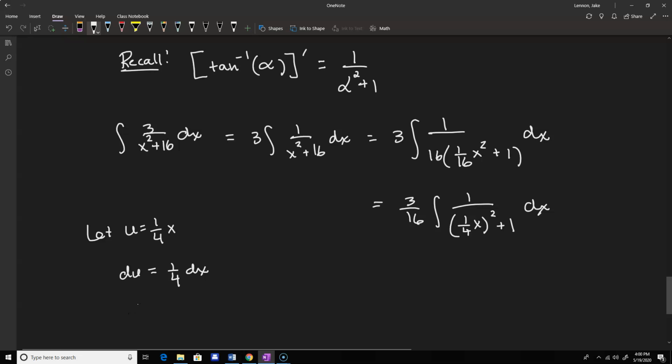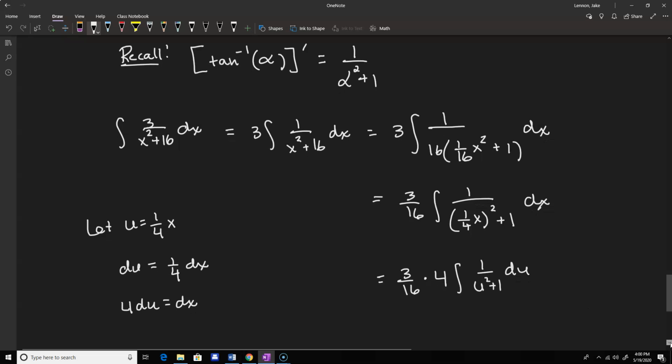Just to keep everything straight, let's write 4 du is equal to dx. That way we can just replace it directly. So we'll get 3/16 times the 4 du. I'm going to write the 4 in front of the integral, and then we get the integral of 1 over u squared plus 1 with our du.